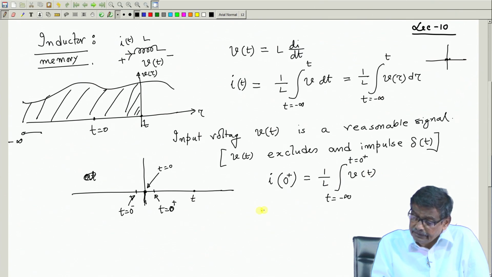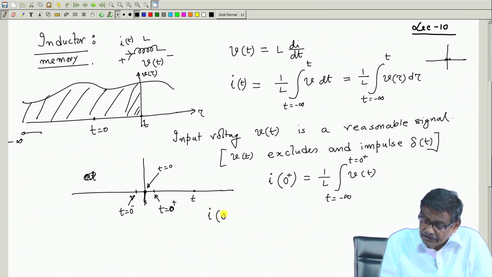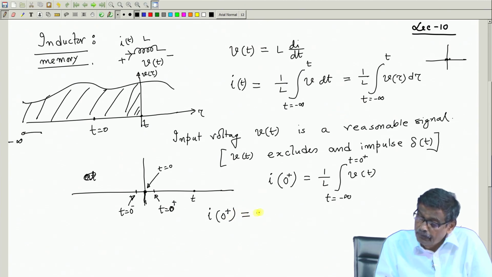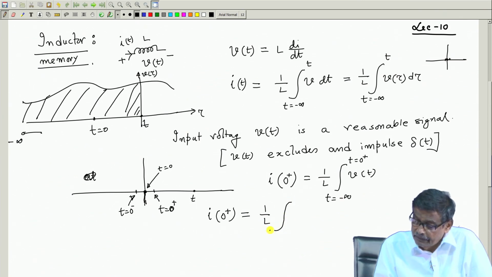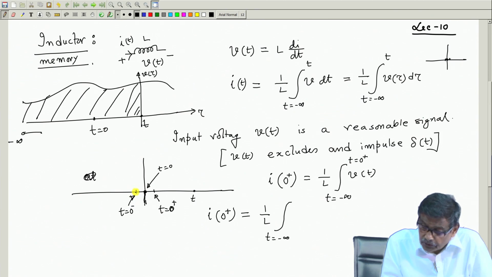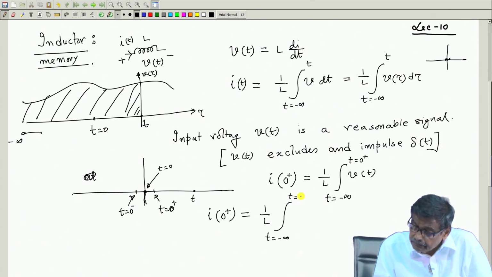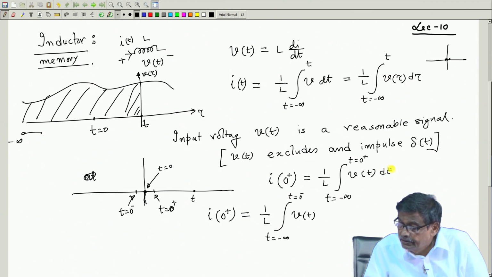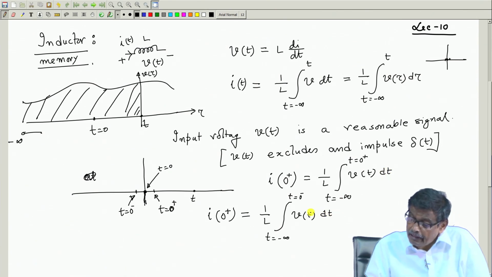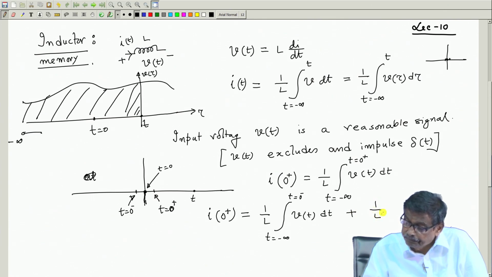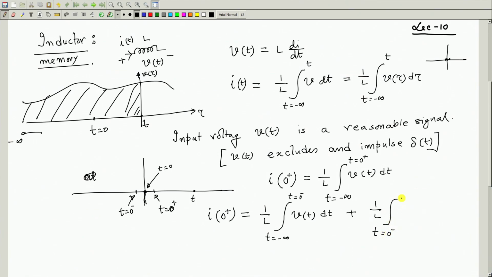Now, this step is very crucial. I at 0 plus will be equal to 1 by L times this integration, which I will break up into two parts: t equal to minus infinity to t equal to 0 minus of V dt, I am sorry, there is dt here, you are doing integration, plus 1 by L times the integration from t equal to 0 minus to t equal to 0 plus of V dt.